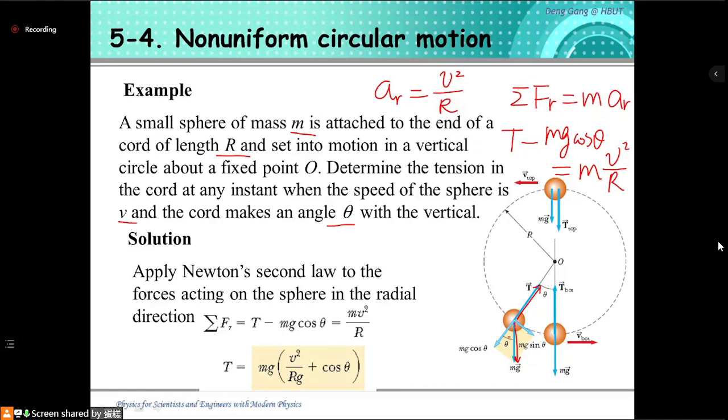But when it reaches the top, cosine theta is equal to -1, and here the tension and gravity are in the same direction, while at the bottom they are not in the same direction.